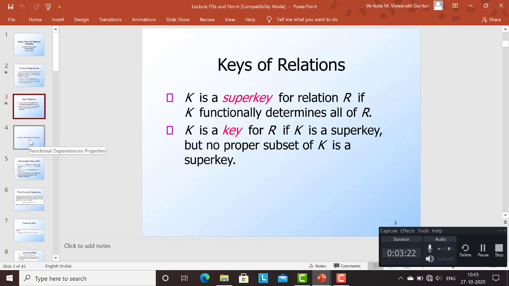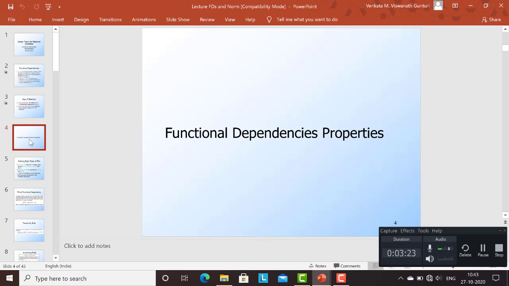Okay, so the way we are going to cover this set of videos is that first I'm going to talk about functional dependencies and some mathematical properties of functional dependencies. And then we'll cover some basic things like projection of functional dependencies.